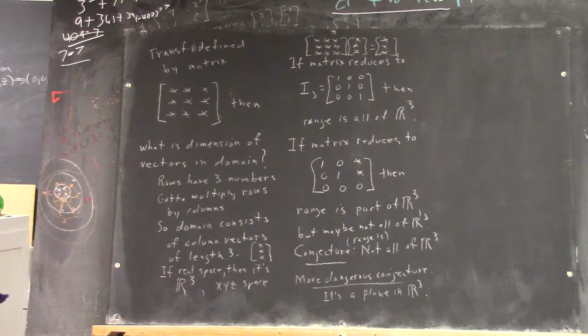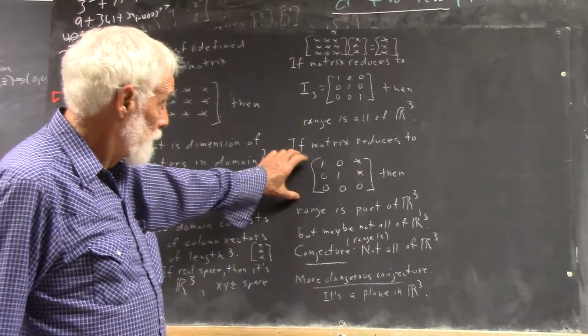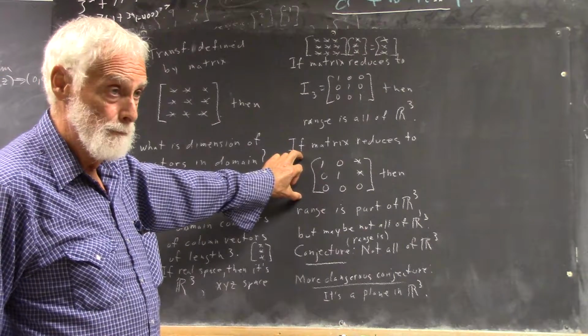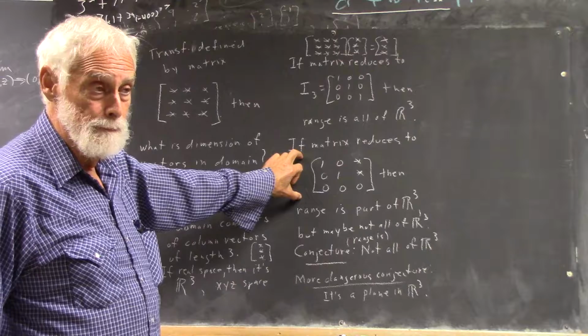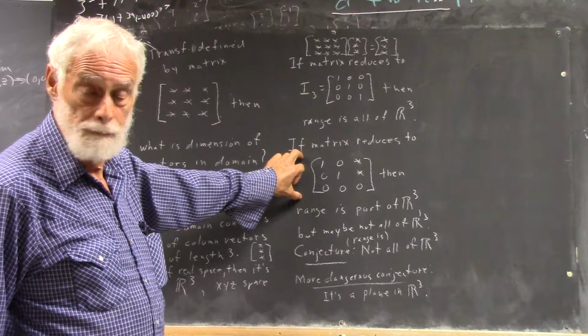Okay? What has to happen for the matrix to reduce this way? One of them has to be parallel with the other.